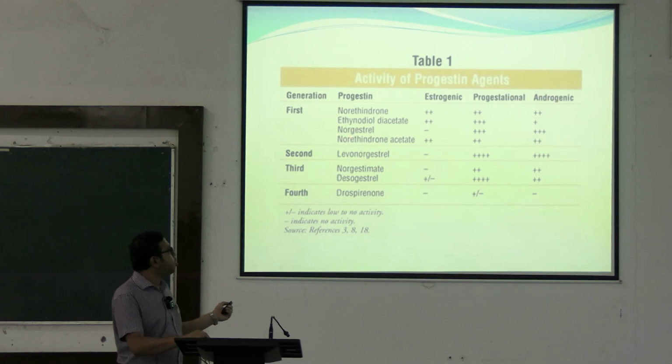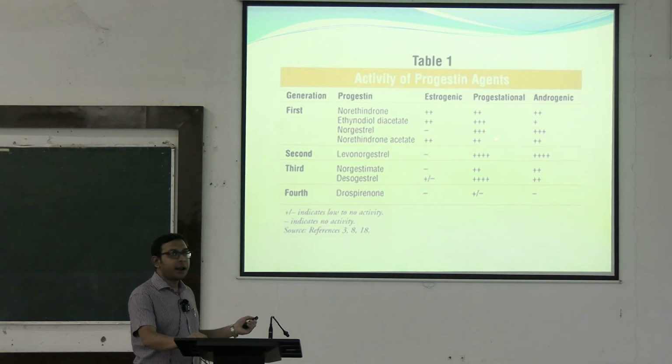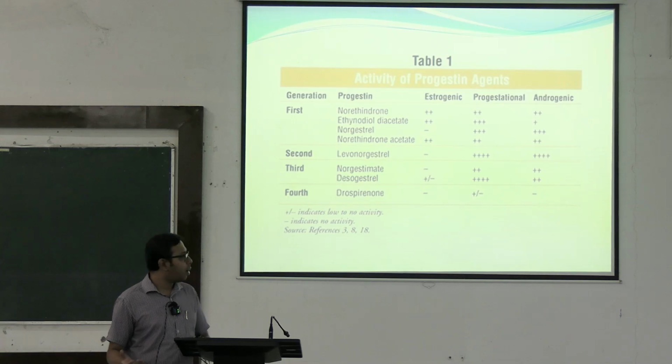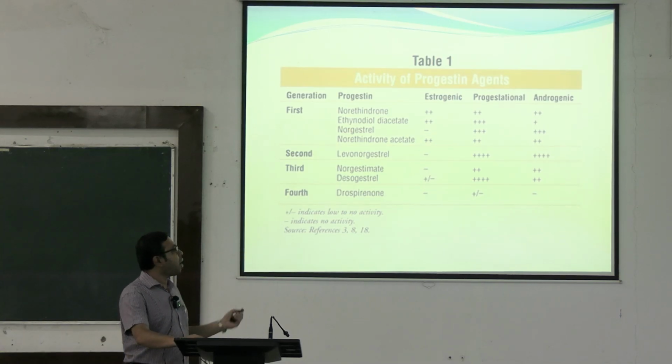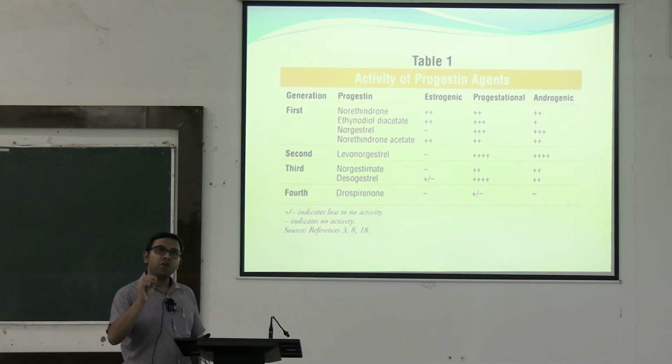So you can see norgestrel. Norgestrel is a progestin, for example. It has no estrogenic activity. It has high progestational activity, but also high androgenic activity. Okay. Similarly, ethynodiol has high estrogenic activity. It has very high progestational activity, and minimal androgenic activity.